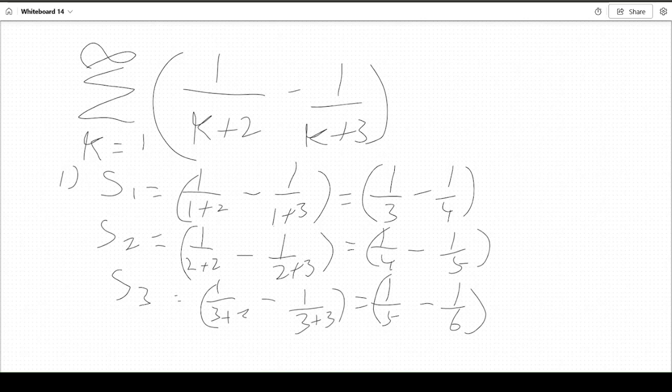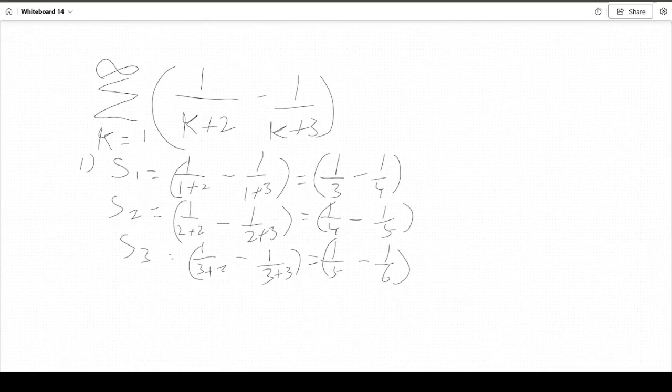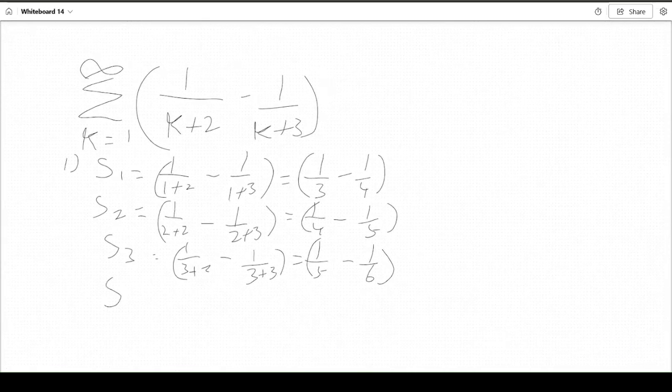Now we have our three terms, but we have to plug in k, my bad, and plug in k minus 1.